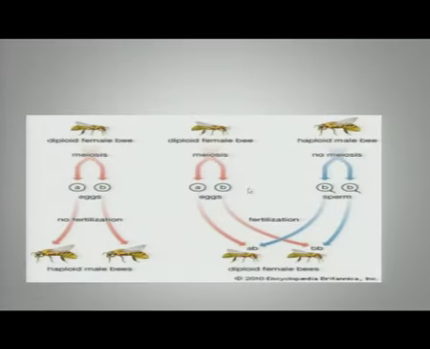Here you can see the condition: a female honeybee, 2n equals 32 diploid, undergoes meiosis producing haploid eggs. Eggs without fertilization, that is by parthenogenesis, develop into male bees.